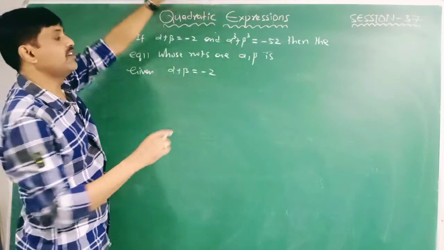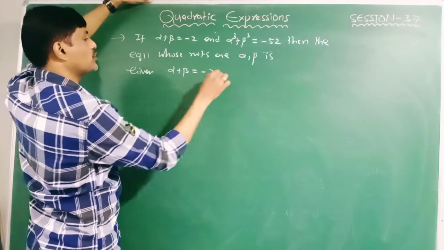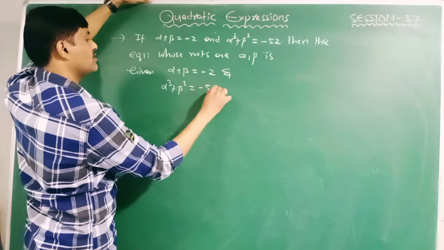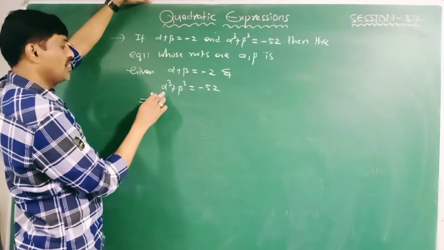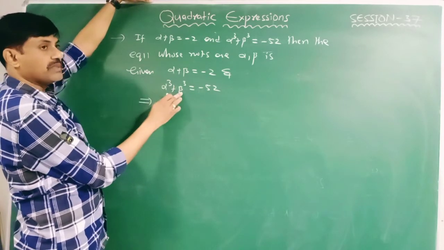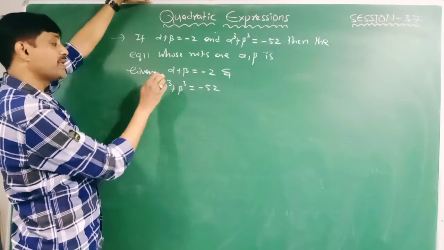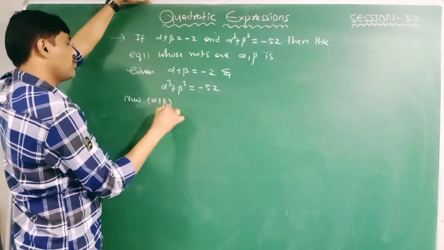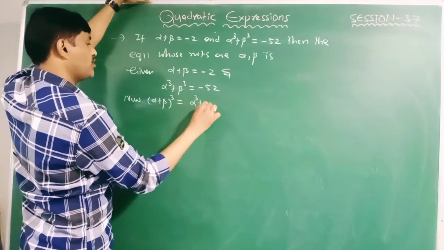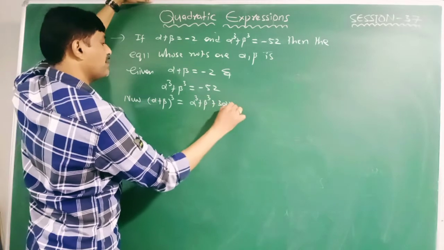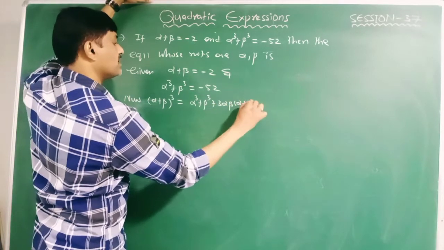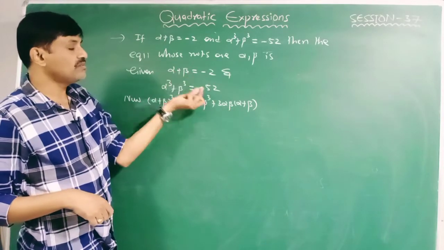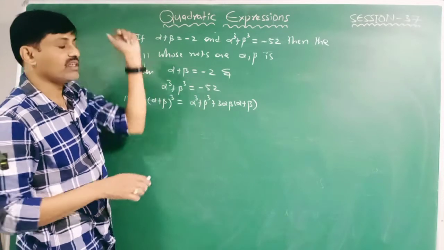And he gave alpha cube plus beta cube is equal to minus 52. Now alpha plus beta whole cube is equal to a cube plus b cube plus 3ab of a plus b. From this we have to find alpha beta, because we already have the sum; now we have to find the product, then you get a quadratic equation.